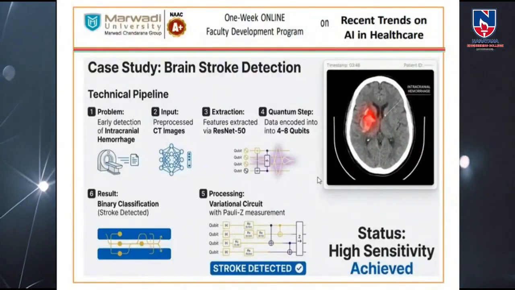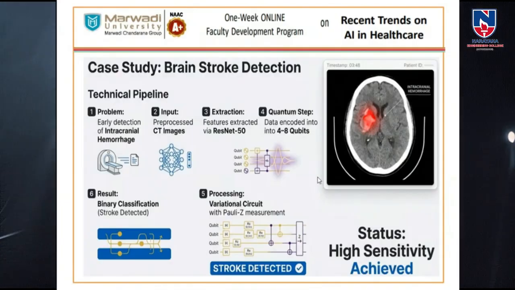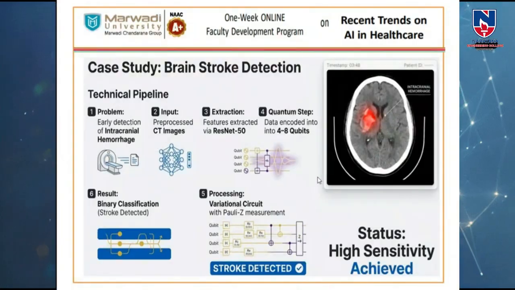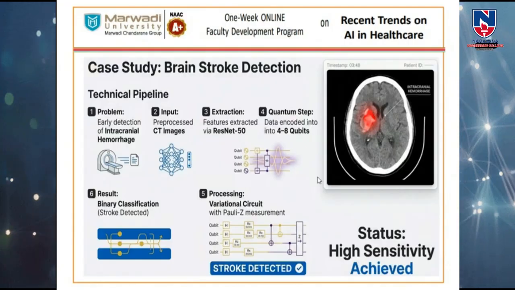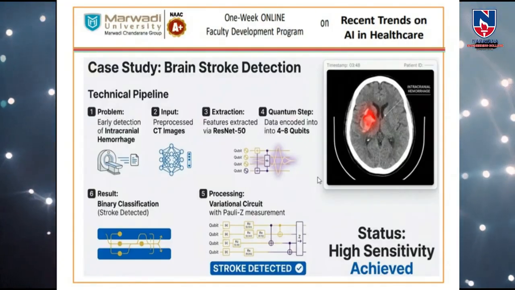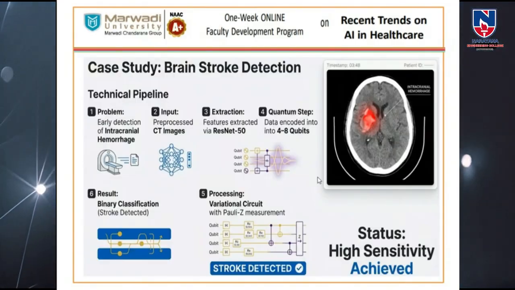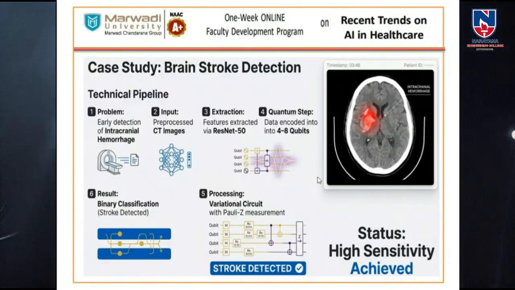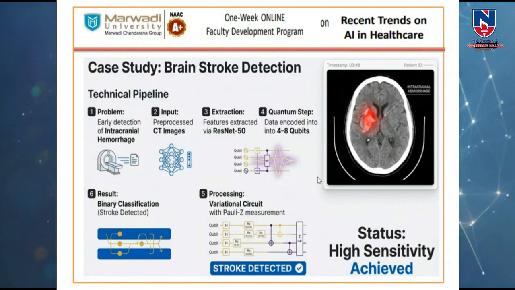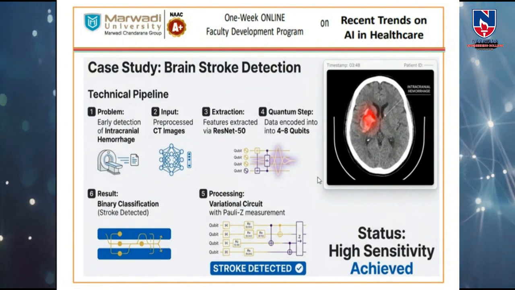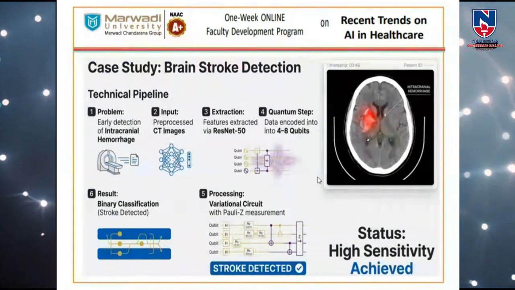But the extracted features, I repeat, contain very, very valuable information. That informative feature information is again mapped to the quantum circuits. That means the data is encoded.